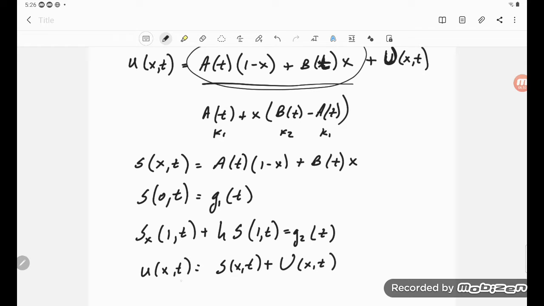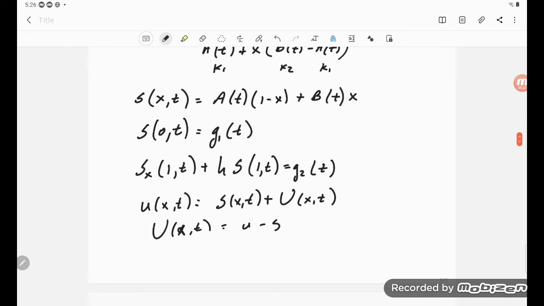But if we subtract and we let big U of x and t equal little u minus s, then we see that U of 0 and t equals 0, and then U sub x of 1 and t plus h U of 1 and t would also equal 0 in this case.